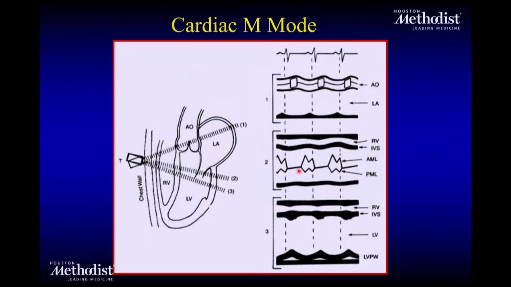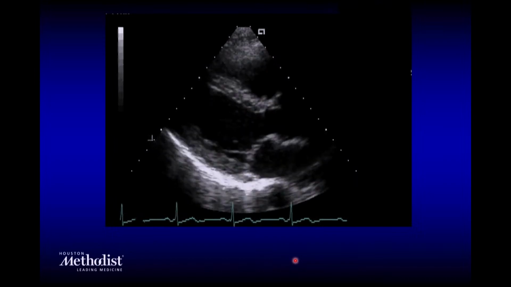A mitral valve, remember: early filling, little relaxation, atrial kick, closed, stays closed. Same thing here. And if I look at the septum, it thickens, the posterior wall thickens, and a little bit of epicardial motion goes up. Okay? So that's your M mode situation here.